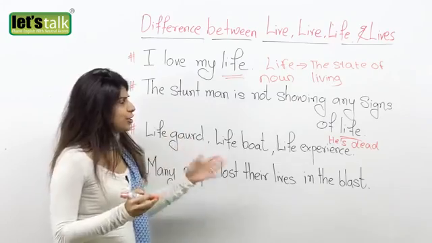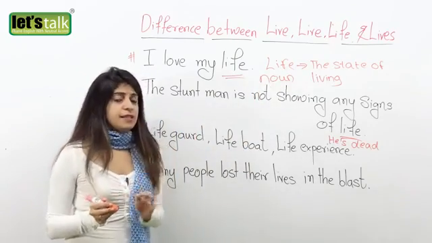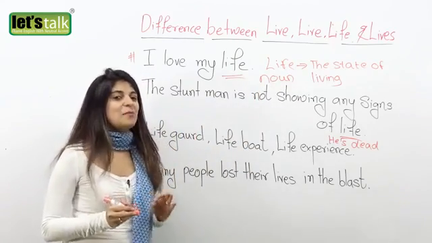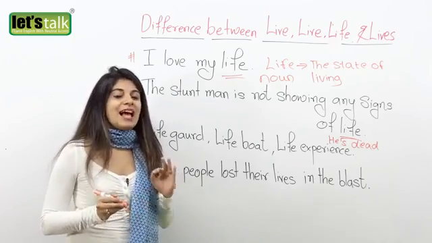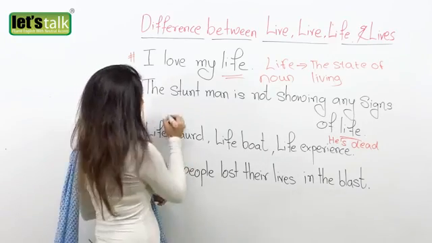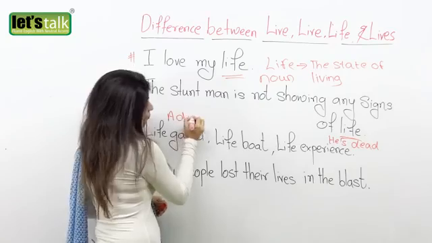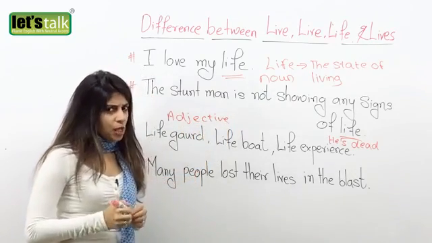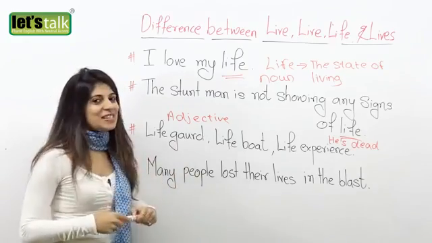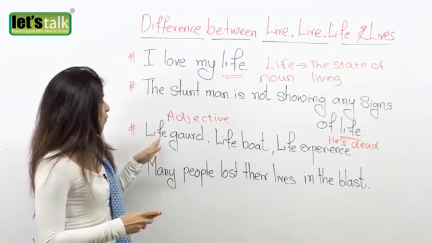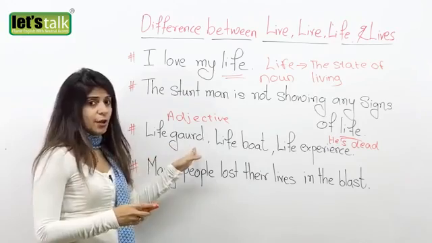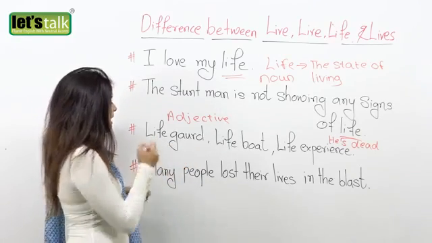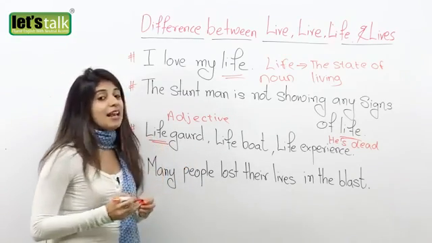Now, as I mentioned, the word life is a noun, but it can also be used as an adjective describing a noun. How is that possible? Well, let's look at some examples here. So, when you say lifeguard, here the word life acts as an adjective.